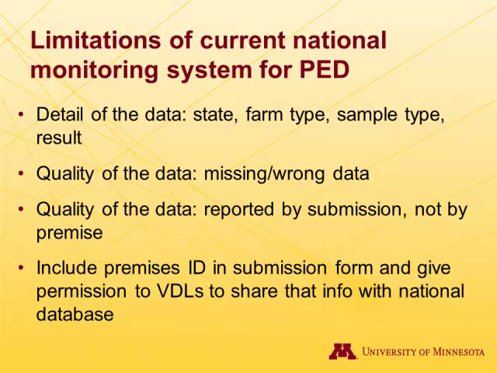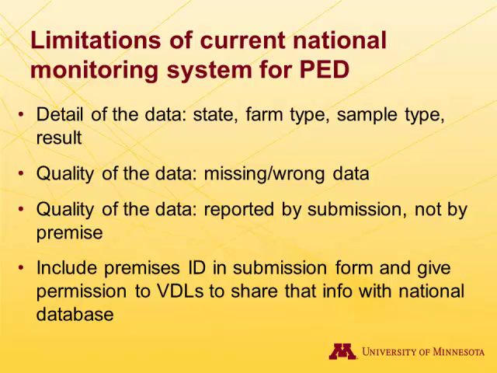I'm just going to jump to this as a final comment. We think that some of the limitations that we have with this database, we can fix them by improving the submissions that we get in the diagnostic laboratories. We're working on getting premises IDs from the veterinarians that send samples to our laboratories in the submission forms.